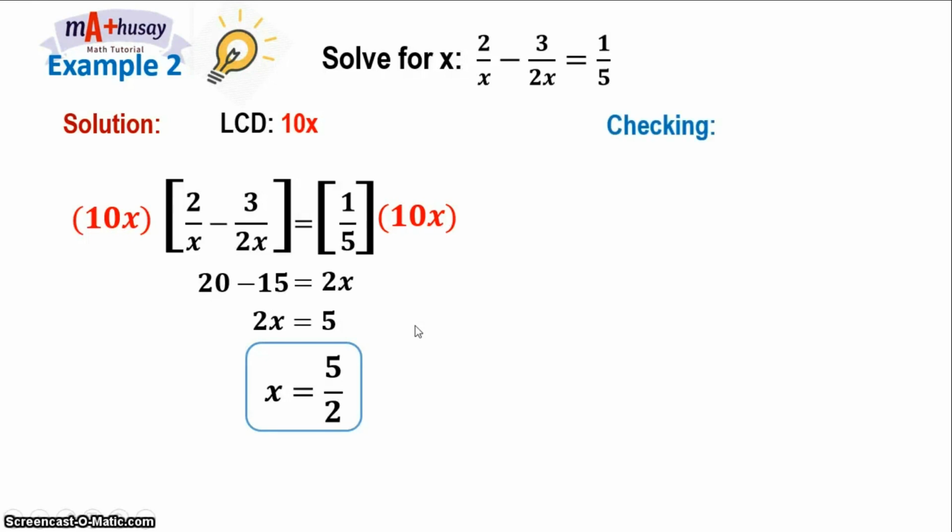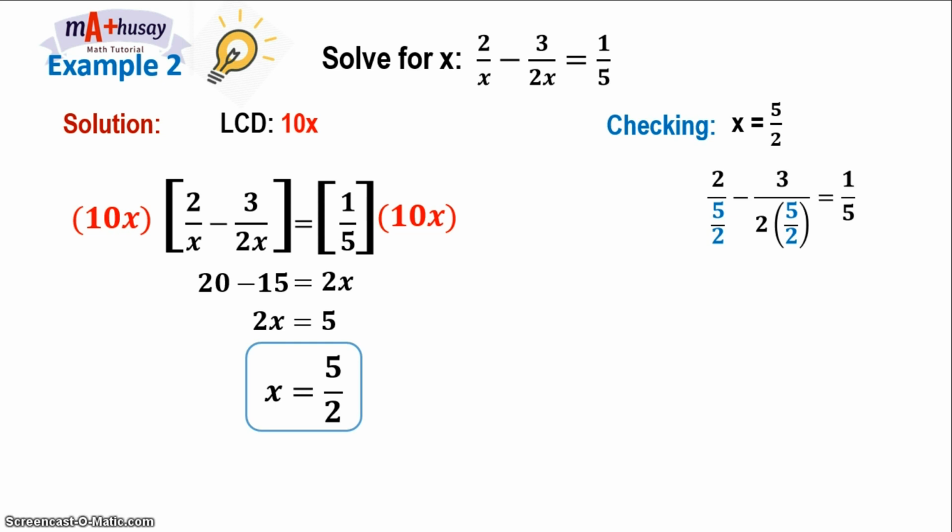This time, i-check natin kung ang sagot natin na x equals 5 over 2 ay magsasatisfy kapag sinubstitute natin siya sa ating original na rational equation. Kapag sinubstitute natin ang x ng 5 over 2, we have 2 all over 5 over 2 minus 3 all over 2 times 5 over 2 equals 1/5.